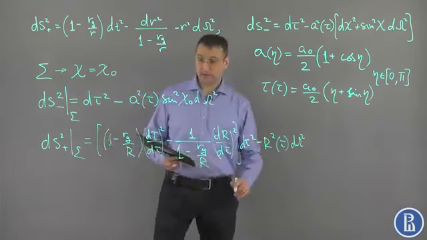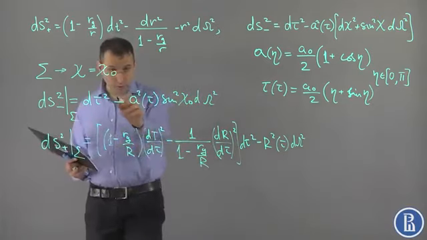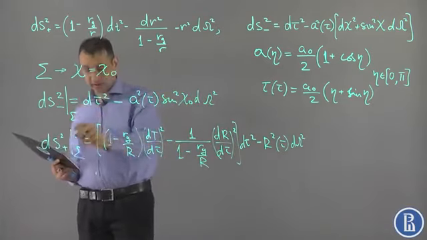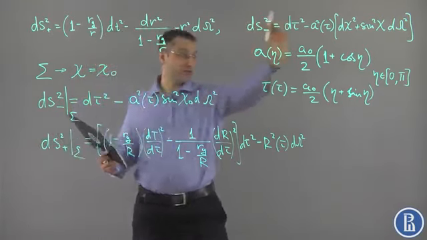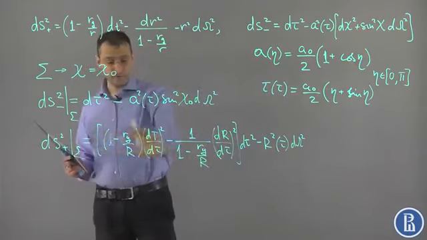To glue these metrics, they should be equal because they are the same metric on the same surface, one induced from this one, the other induced from that one.